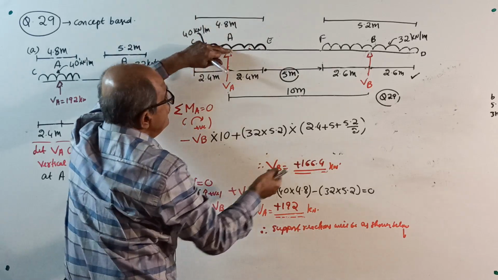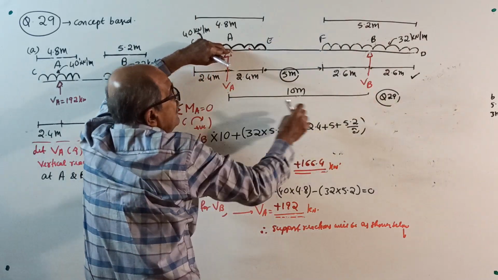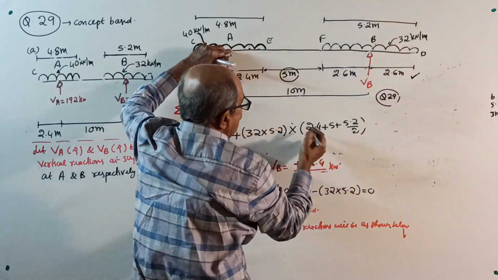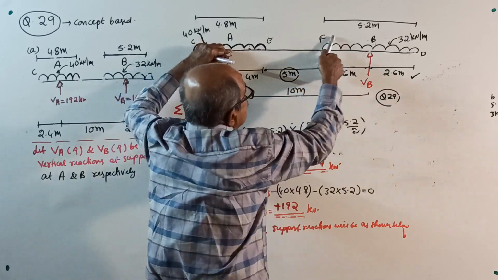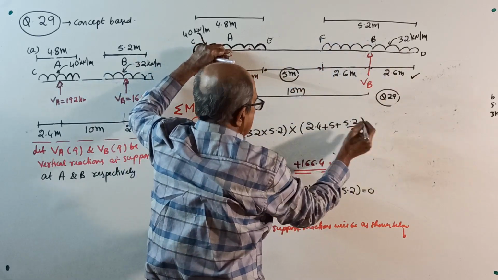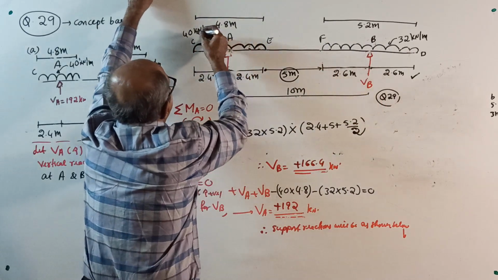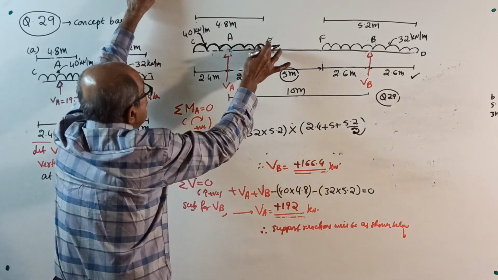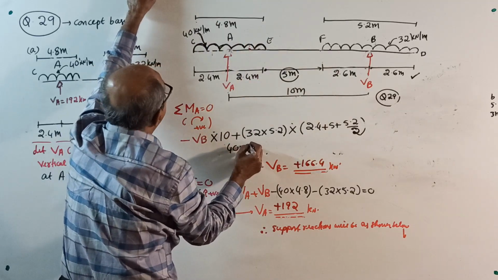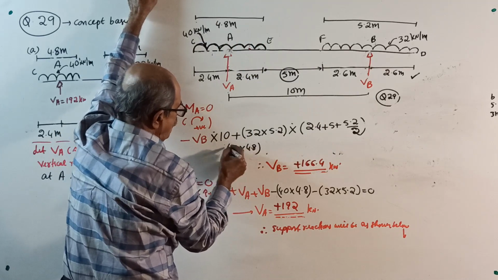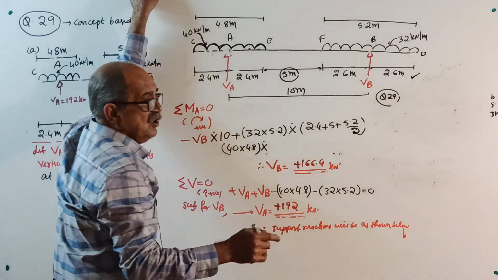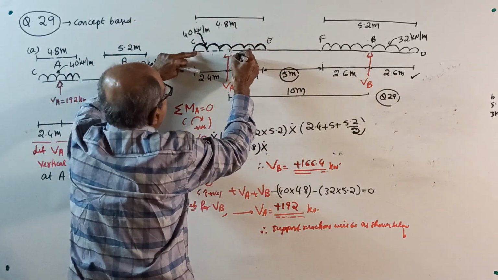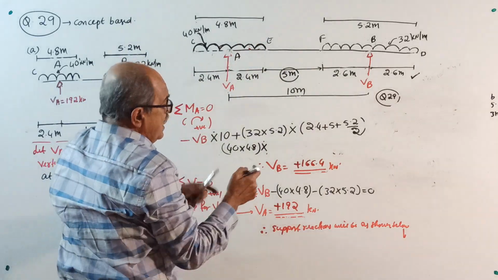Part one. Then the answer is minus VB into 10 plus 32 into 5.2 into 5.2 by 2, 4.8 plus 5 plus 5.2 by 2. Then see here, 40 into 4.8 directly. You write here, total load in a single stretch. 40 into 4.8 is the total load, and for this entire load, with this as point A, you locate the line of action.